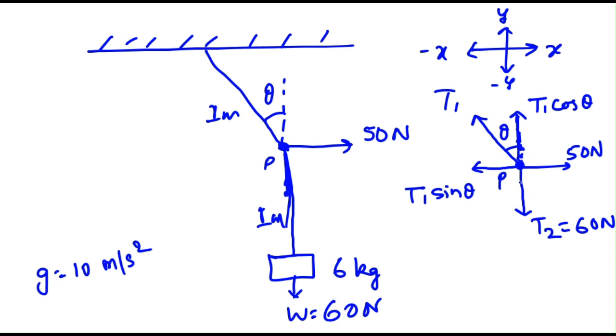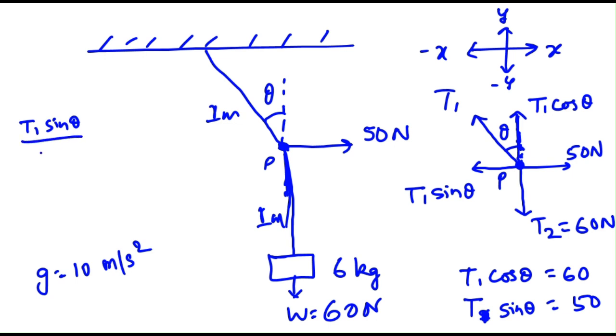Now if this point P is in equilibrium, all these forces resolved into components should balance each other. That is, T1 cos theta should be 60 Newton, and T1 sin theta should be 50 Newton. Now T1 sin theta divided by T1 cos theta is 50 divided by 60, and the units Newton and Newton cancel each other.